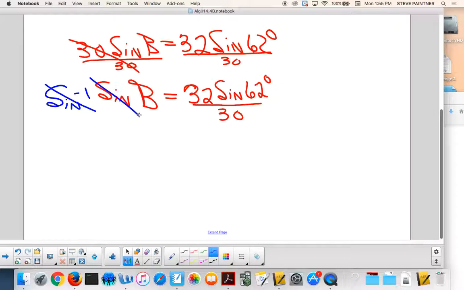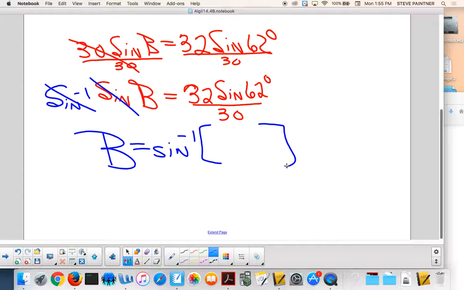Do the inverse operation, inverse sine of whatever that is. Your calculator knows what it is. 70.4. Does it say nearest tenth? It doesn't say. Let's just do tenths. Okay, so that's the answer for B.